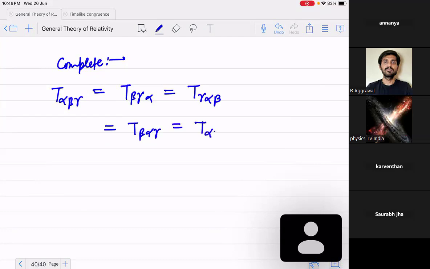This is a fully symmetric tensor. Okay, now let's discuss about the anti-symmetry.